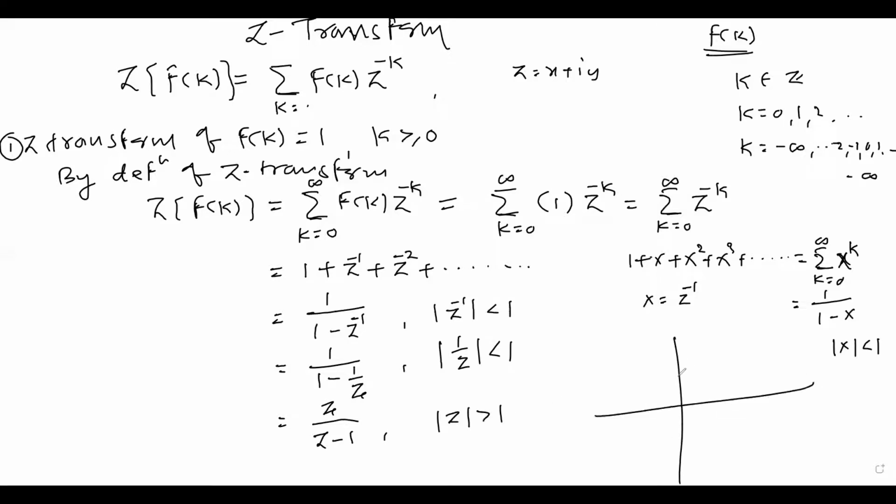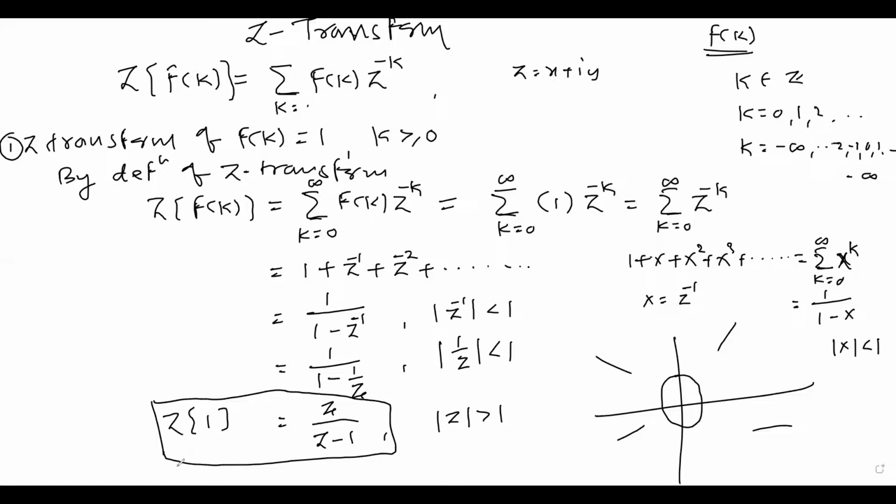So this is a circle, and greater than 1 means these are the points outside, where the series is convergent. So the Z transform of the sequence f of k equal to 1 is z upon z minus 1.